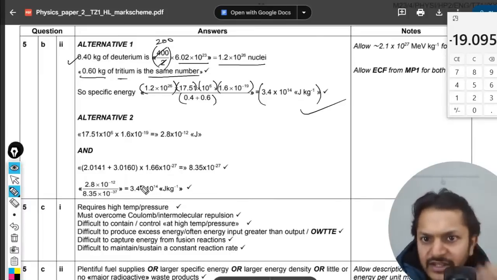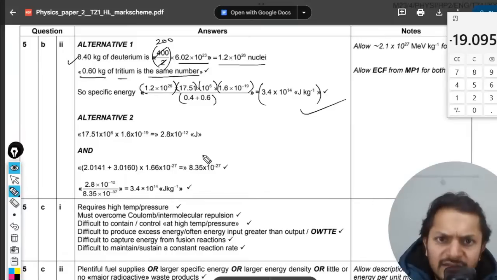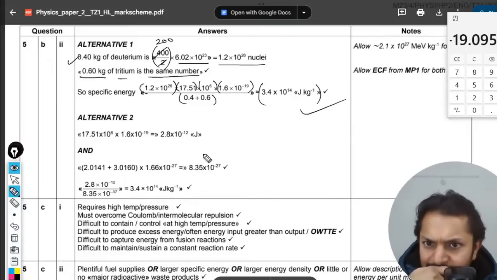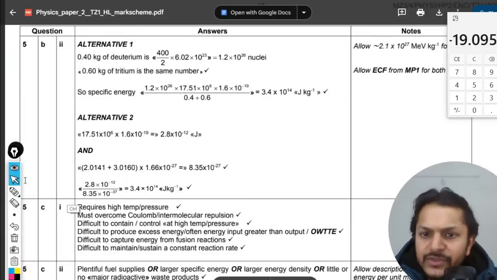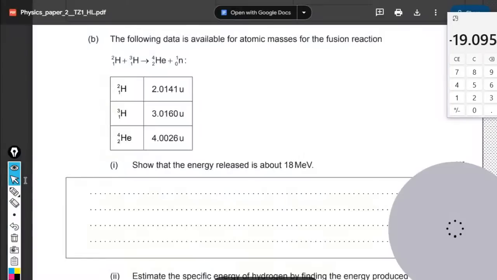The total specific energy. Is there any other easy way that we can do this? I think they have done it in an easy manner also. Let me see if we can think of an easier manner. An easy thing would be if we can work in AMU. Yeah, we can think on that.